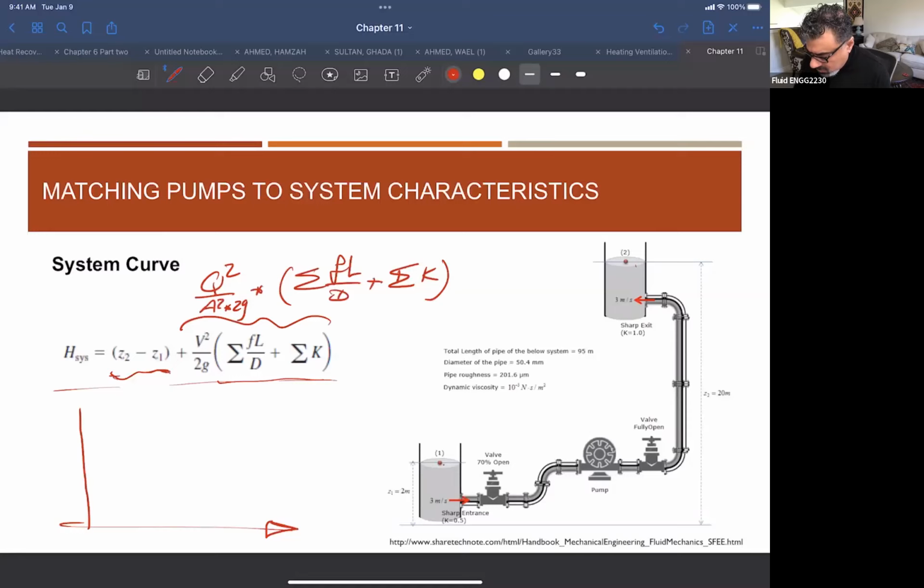All these numbers are fixed for the same system, same piping, same diameter, same coefficients and so on. And Q here will be the variable.